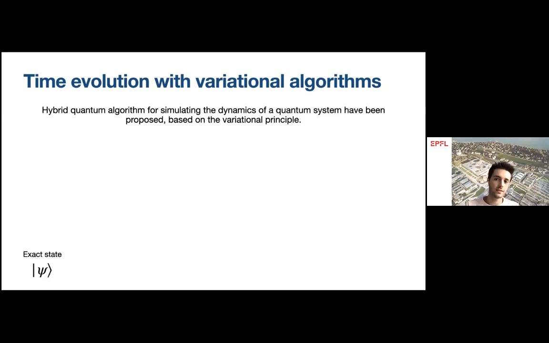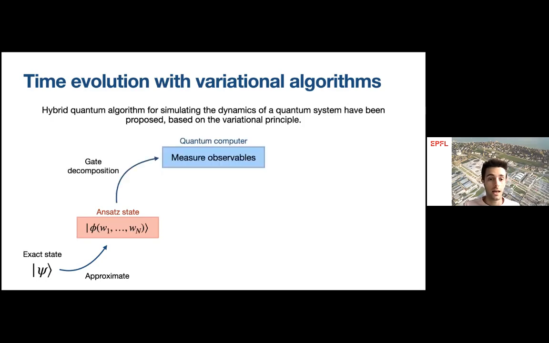We have our exact state, in our case the time evolved state, but we have to approximate it, and we approximate it with an ansatz state that is parameterized by a certain number of variational parameters. And this ansatz is made in a way that it's easy to decompose in a quantum circuit. So we decompose it on a quantum circuit, and we use this ansatz to measure some observables.